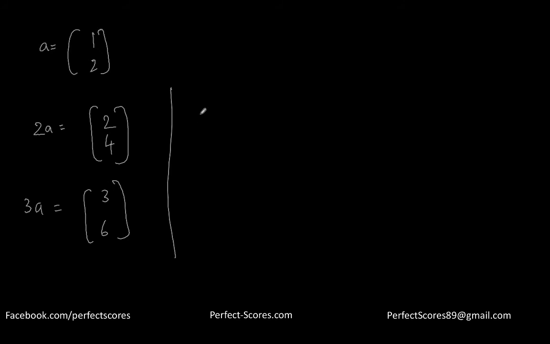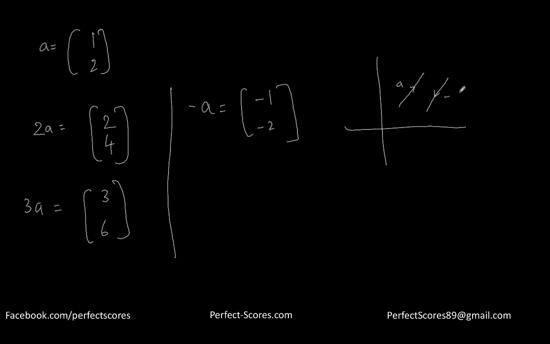What is going to be equal to negative a? Negative a is going to be negative 1 and negative 2. And understand, geometrically, if this is vector a, then this is going to be vector minus a. It's going to have the same magnitude, but it's going to have an opposite direction. Fine. So I hope you're able to understand this point over here, guys.